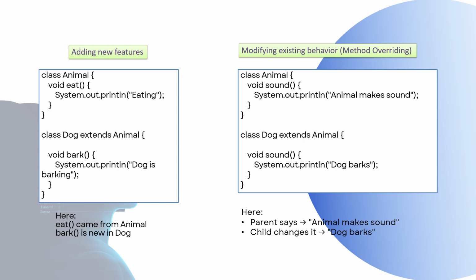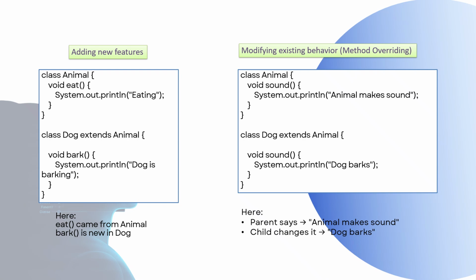Here, the eat method comes from the parent class Animal and the bark method is a new feature added inside the child class Dog. This is what we mean by adding new features in the child class. The child class can use the parent class methods and also add its own methods.